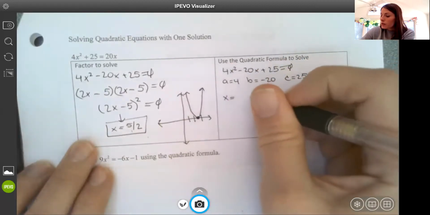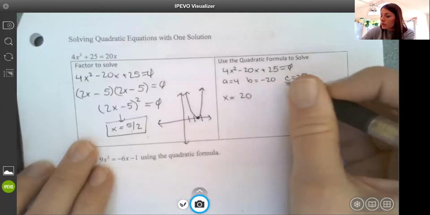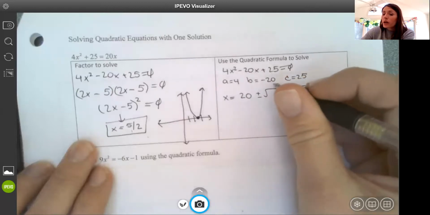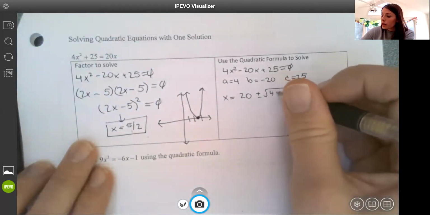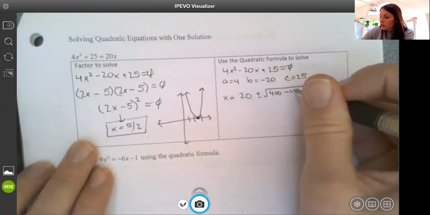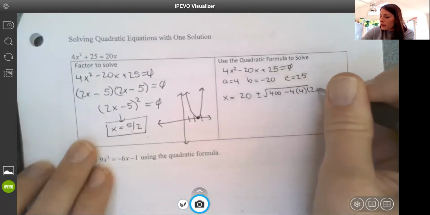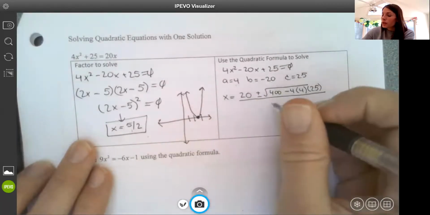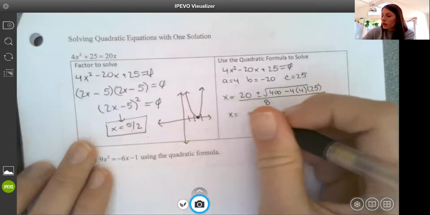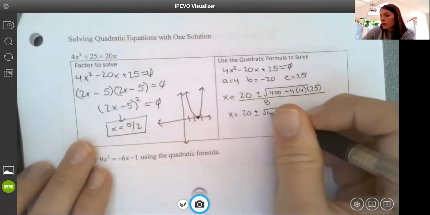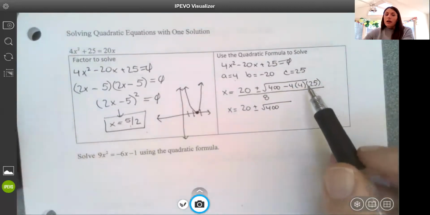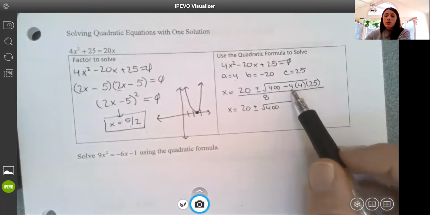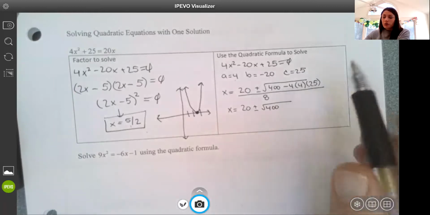So x equals negative b, -20, making it positive 20, plus or minus the square root of b squared, 20 squared is 400, minus 4ac, all over 2a, and 2 times 4 is going to give me 8. And what happens here is I get 400, and then 4 times 25 is 100, times 4 is 400, and it's going to be subtraction, so I only have one negative there.